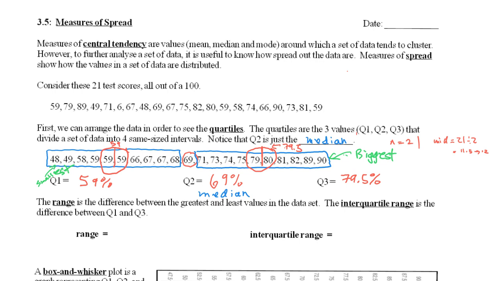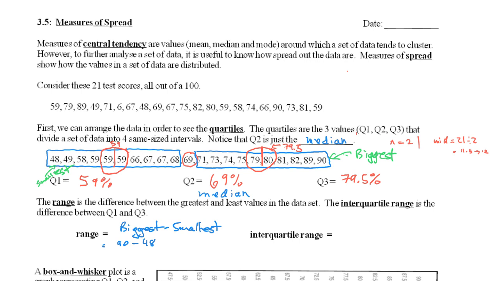So first of all, the range for us is always going to be the biggest number minus the smallest number. In this case, it's going to be 90 minus 48 for this set, right?